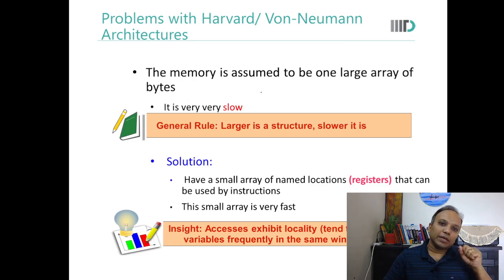So, there are some limitations of this von Neumann architecture or Harvard architecture, where the CPU is directly talking to memory to get their instruction as well as the data. Now, generally memory is large, and because of the physics involved in how the memory is designed, let me very briefly tell you the physical constraints which are there in a memory.